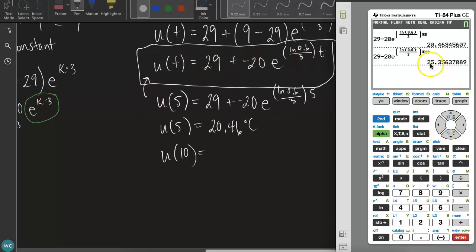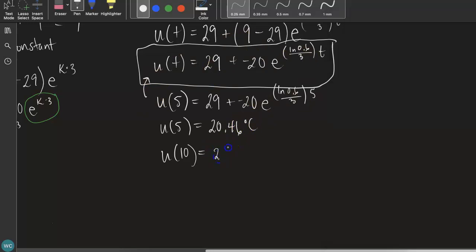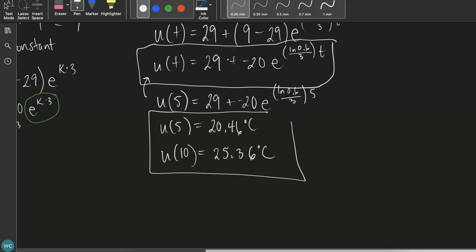So after 10 minutes, the thermometer reads 25.36 degrees Celsius. These are actually the answers to the question that is being asked. But again, notice that you first had to find this model given your values of your particular situation.